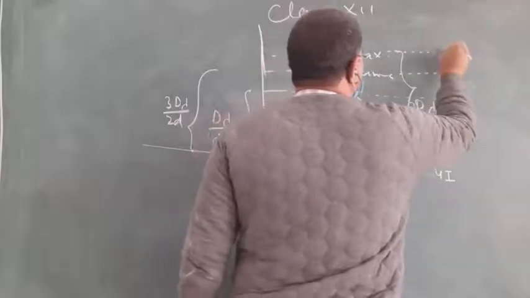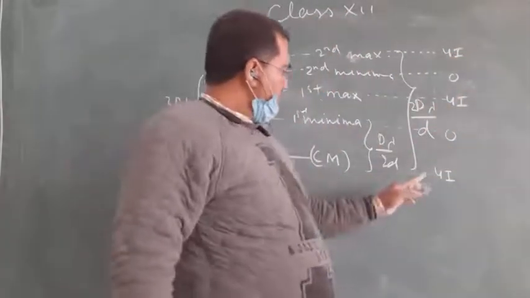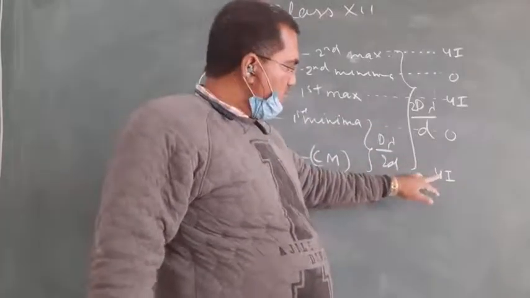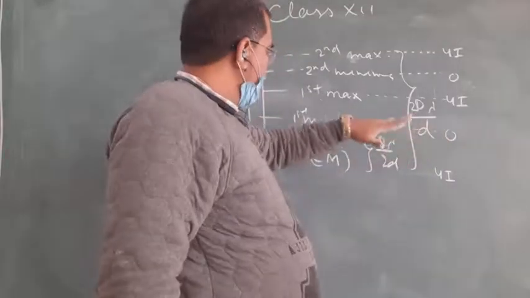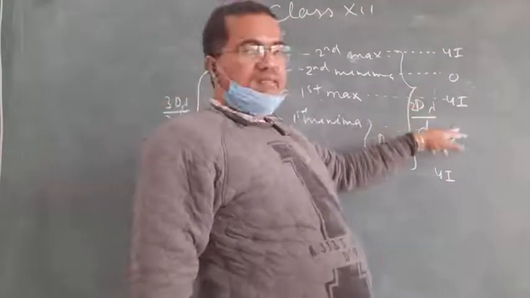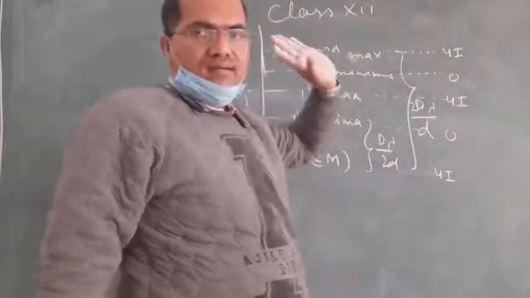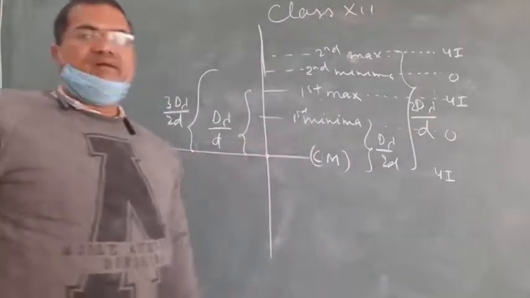Second maximum 4I. So you can see from central maxima to first minima, intensity varies from 4I to 0, and from first minima to first maxima, intensity varies from 0 to 4I, and so on on both sides of the central maxima.